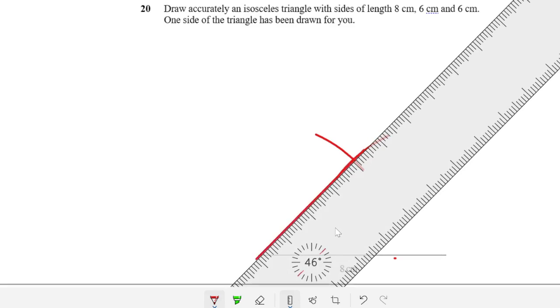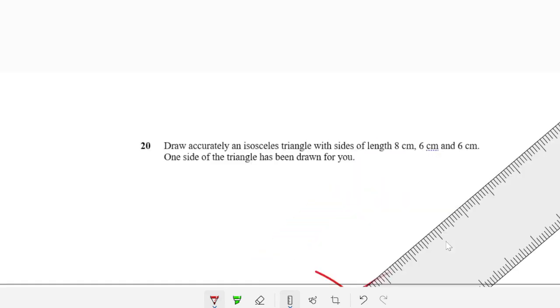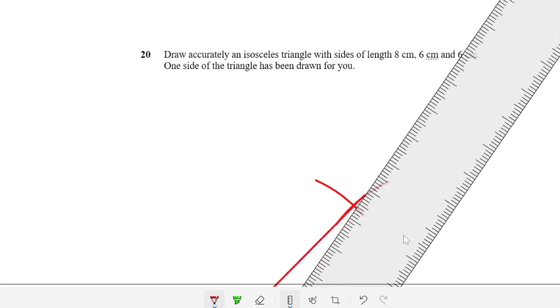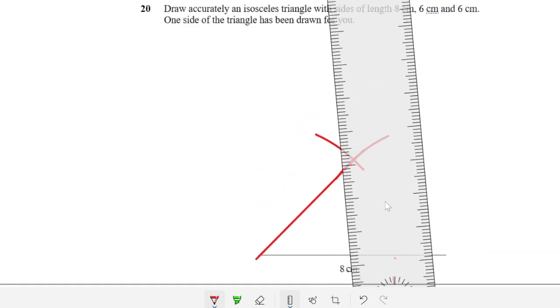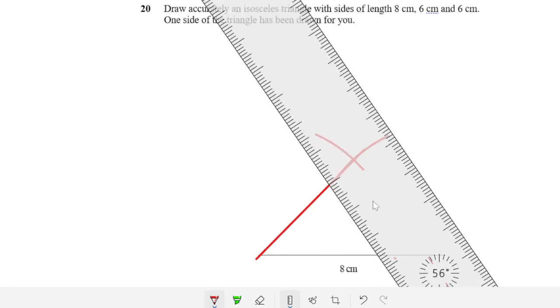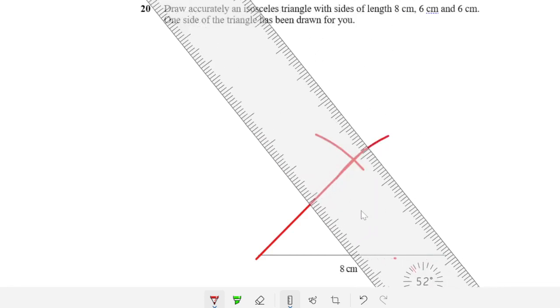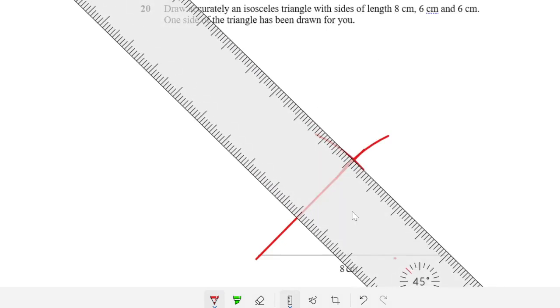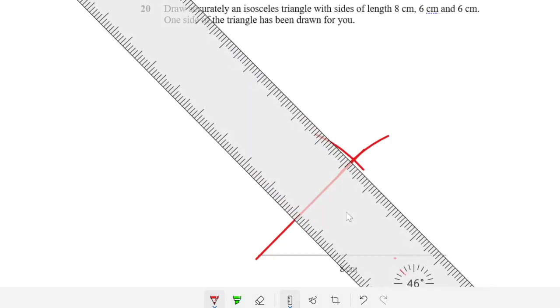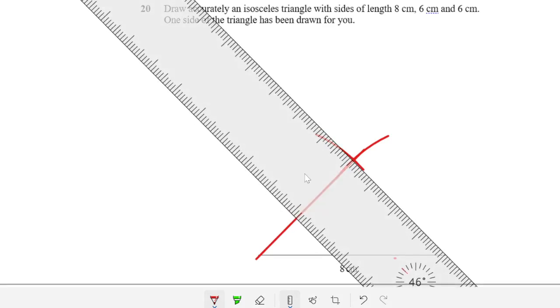So first line, spin the ruler around to the other side. And that's my accurate drawing.